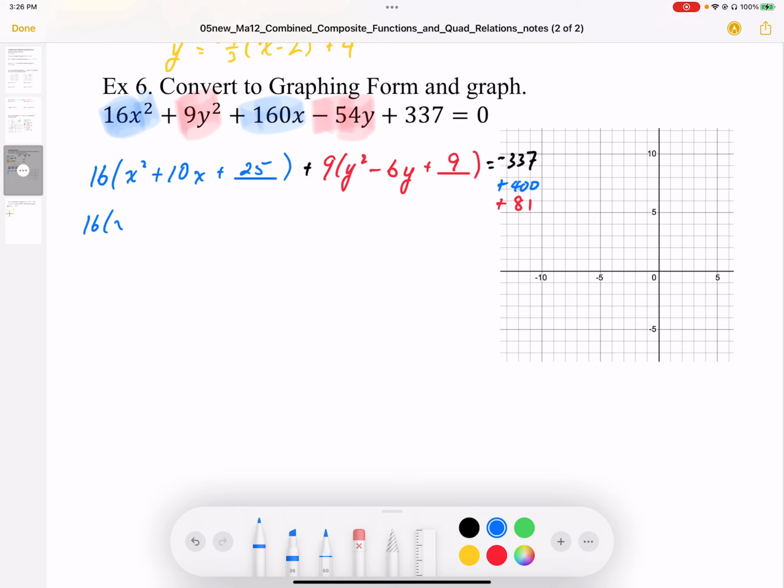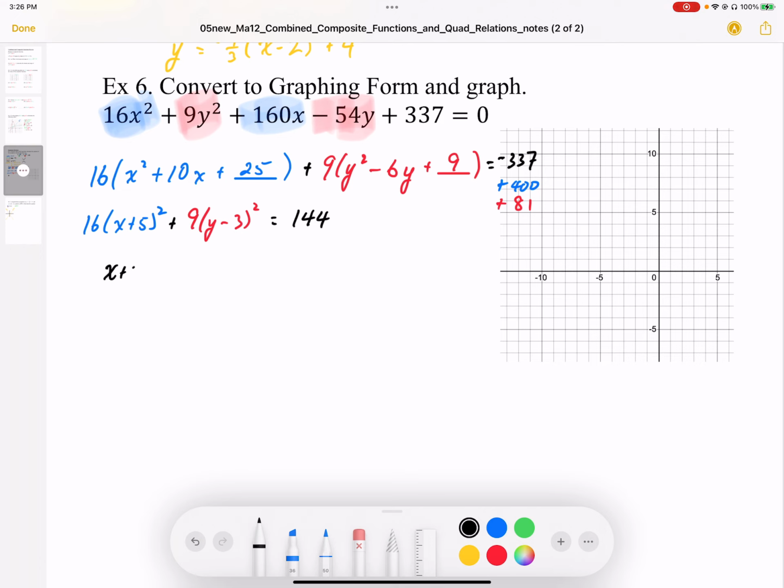This is going to be in perfect square form, 16 times (x plus 5) squared plus 9 times (y minus 3) squared, and that's going to be equal to, when I add this all up, it looks like 144 positive.